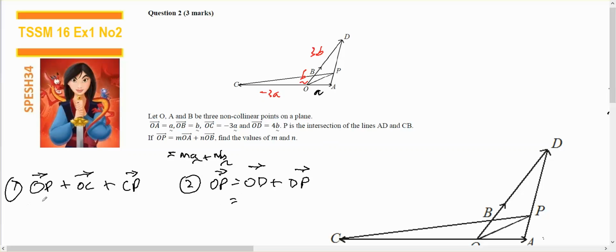So OP equals minus 3A plus some proportion of CB, which will give me CP. And OP equals 4B plus some proportion of DA, that will give me DP.